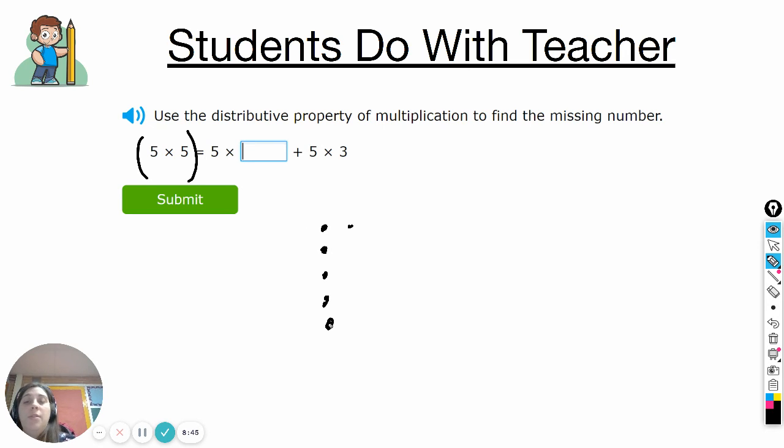So 5 going down and 5 across. I know I did that kind of fast, so I'll give you a second to catch up in case you're doing it with me.